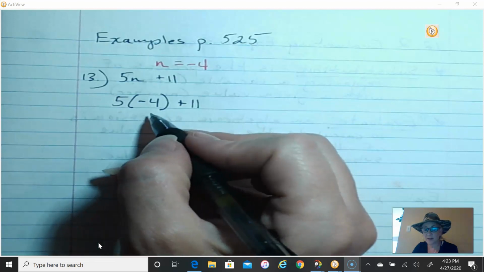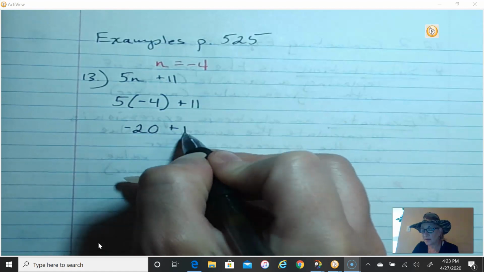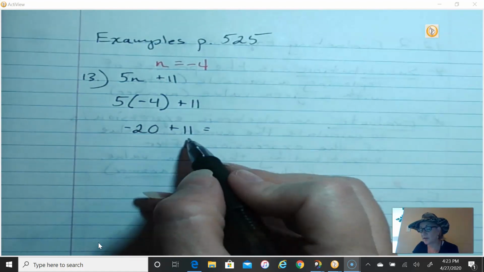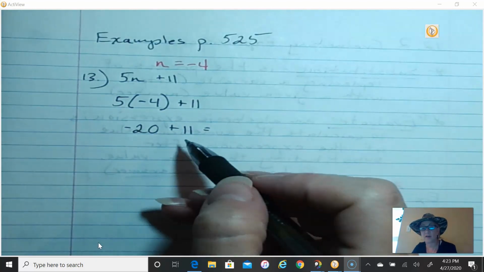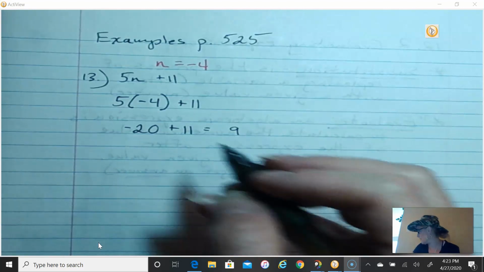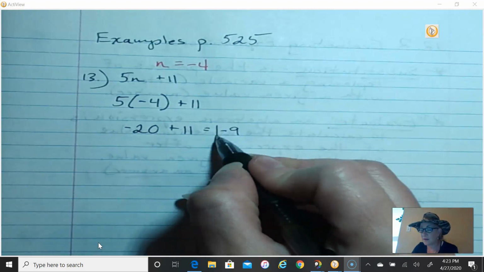Positive times a negative is a negative, so I have negative 20 plus 11. Negative 20 plus 11, those are two different signs, a negative and a positive, so we're going to subtract. You get 9 and take the sign of the largest digit. 20 is the largest, it's negative. There we go.